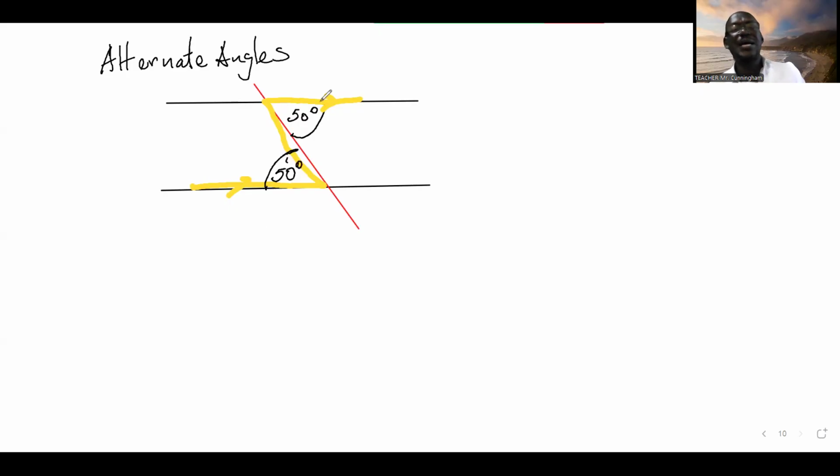So these angles are equal. Alternate angles are equal. And I'll tell you this: you need to know alternate angles when we do angle of elevation and depression. All these things consolidate each other. They're not in a vacuum.